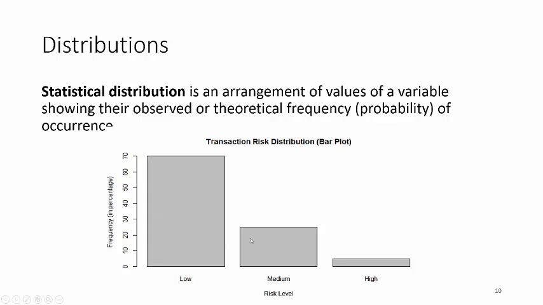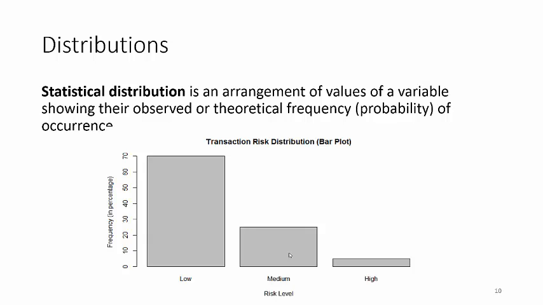In about 25% of all the observations, the value of the variable risk level is medium. Finally, in around 5% of the observations, the value of the variable is high.